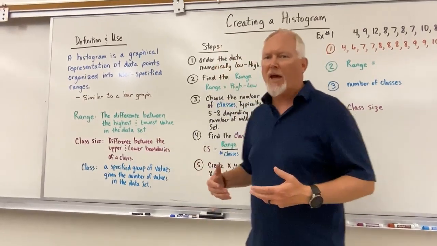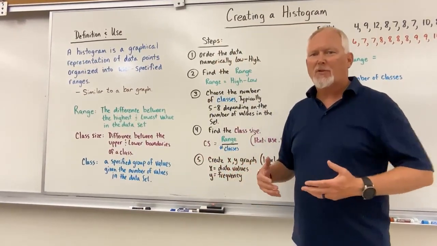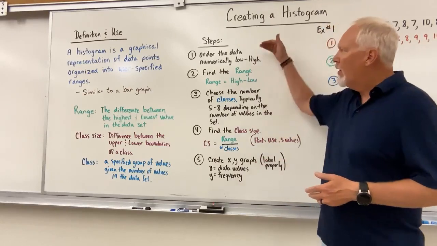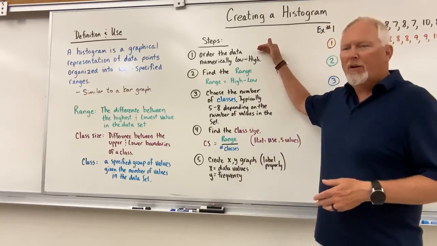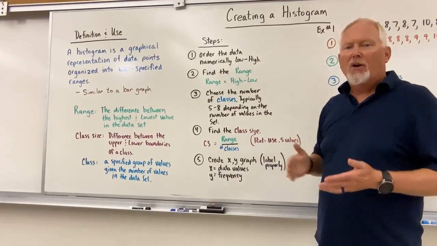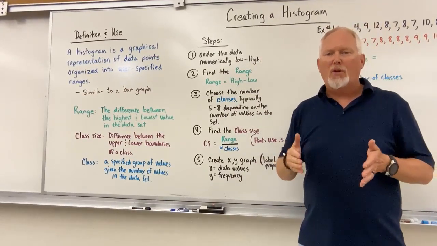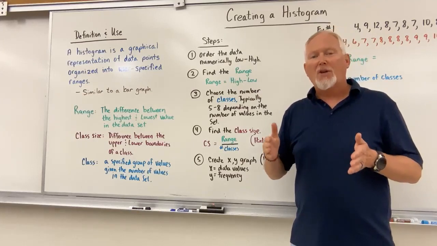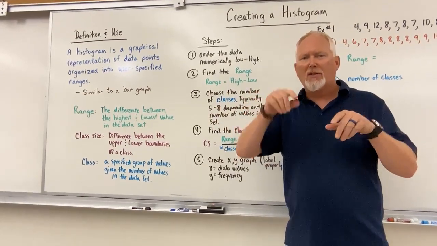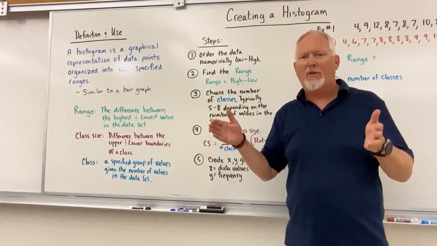So let's look at the steps to do when we're creating a histogram. Number one is we're going to order the data numerically, low to high. Now, you can also create what we call a dot plot, where the dot plot is on a line and we make these little X's above the values that we have within the data set.